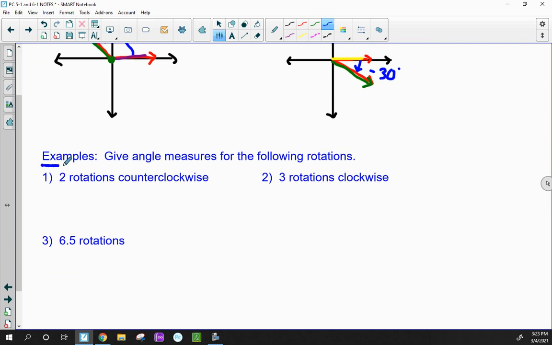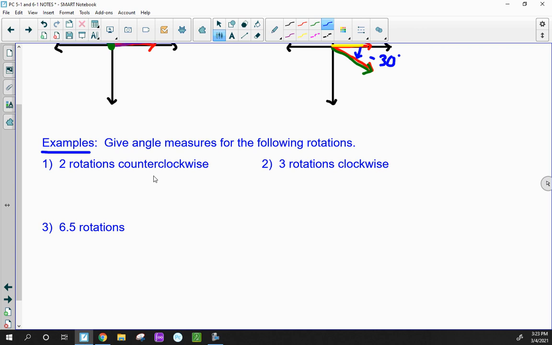Alright, let's practice some more examples. This says give angle measures for the following rotations. Example 1: 2 rotations counterclockwise. I want you to imagine that we are drawing a picture this way. We're starting here, and we're going to rotate 1 complete rotation and then 2 complete rotations.